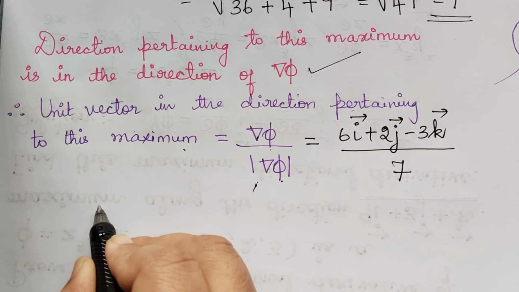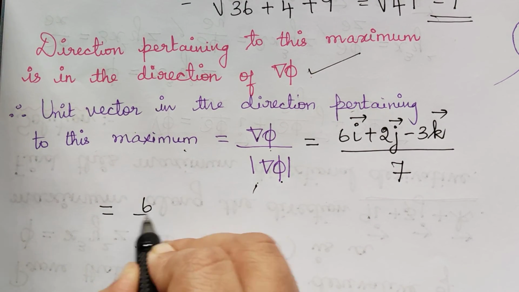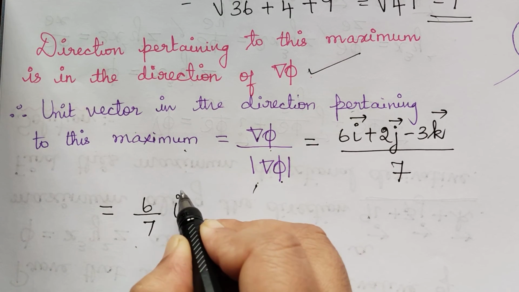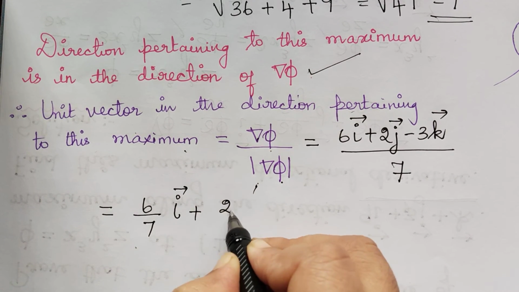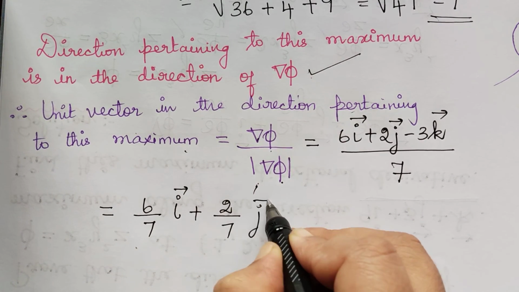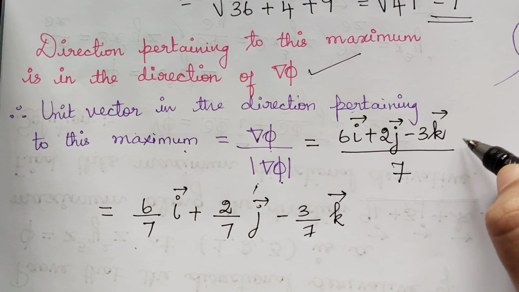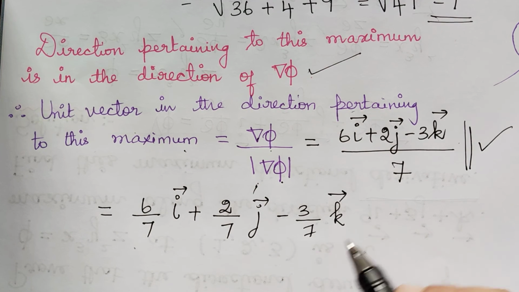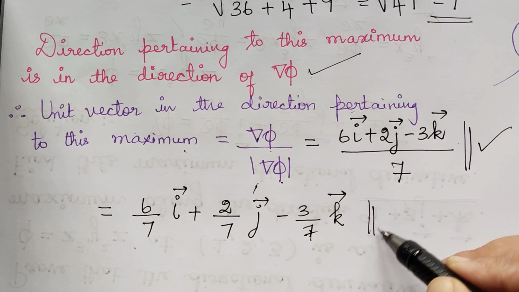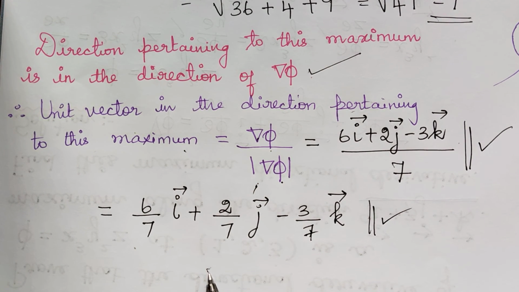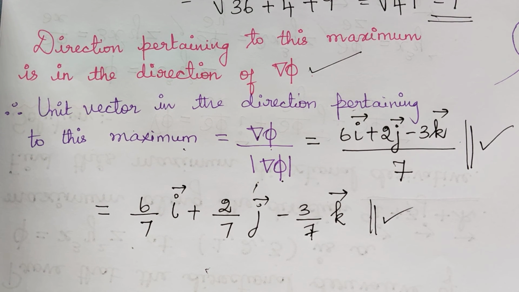If you want, you can simplify further by separating the denominator: 6/7 i vector plus 2/7 j vector minus 3/7 k vector. You can leave it as it is, or write it this way. Both are correct. I hope you have understood both the problems that we learned in this video.